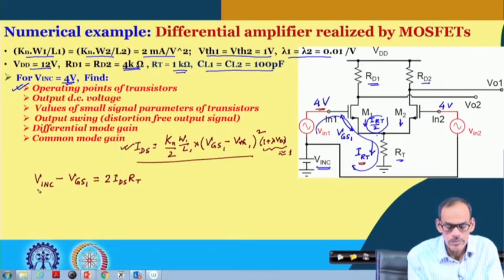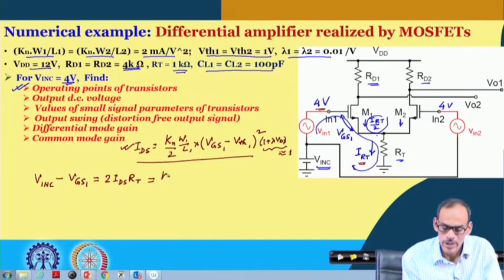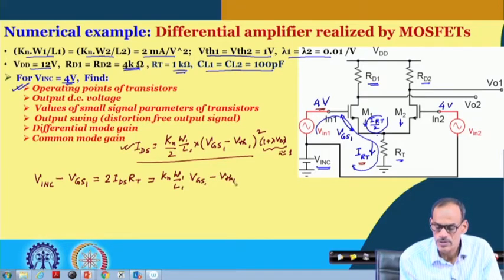So, what we can do here is write this Kn W by L (VGS minus VTH) square into RT.